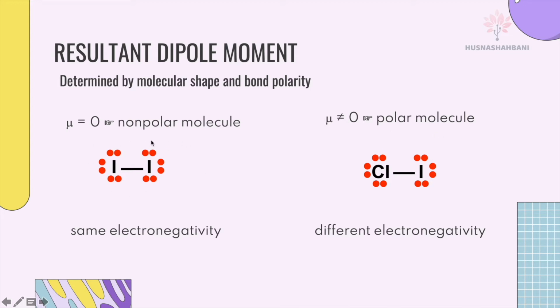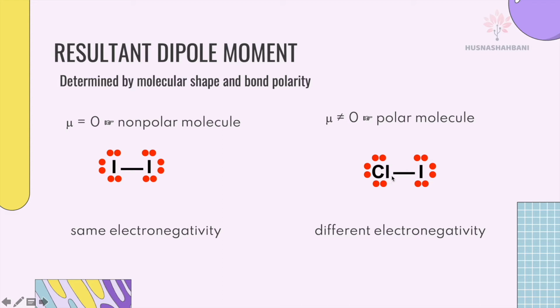For two atoms bonded together to form a molecule, for example I2, only two atoms are involved. Both I have the same electronegativity, so the resultant dipole moment is 0. So this is a nonpolar molecule.